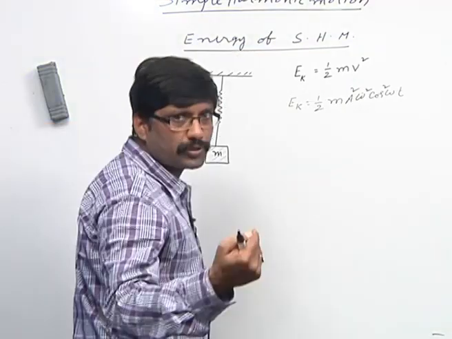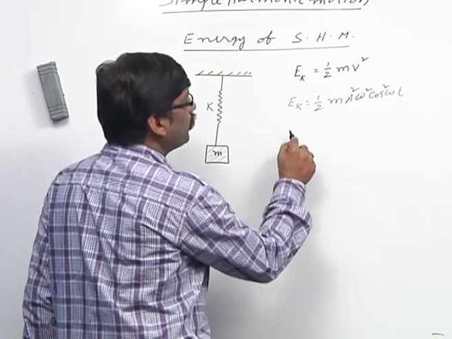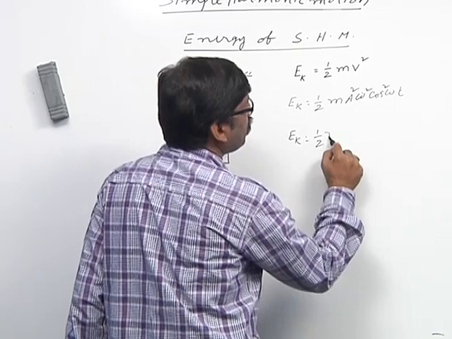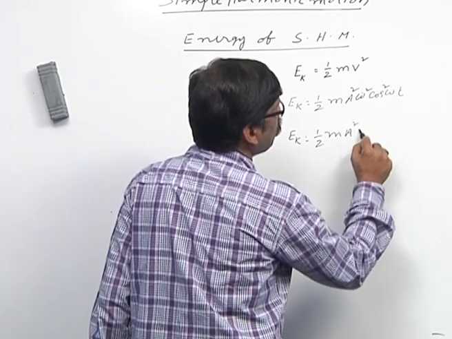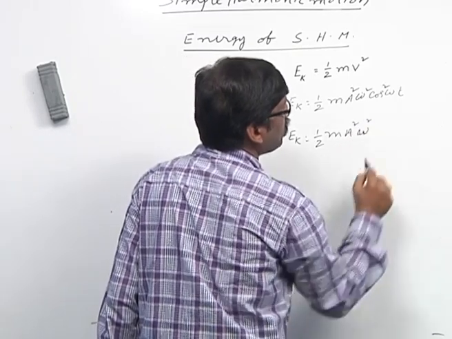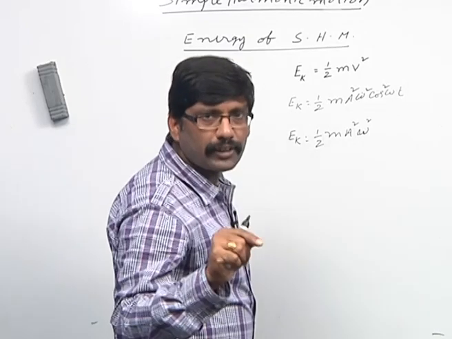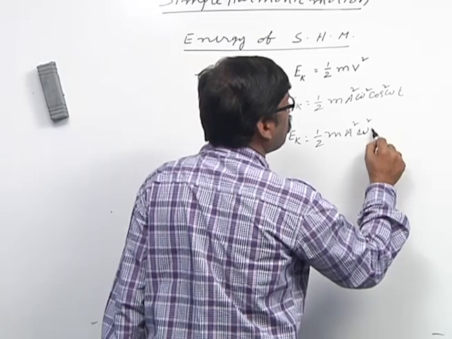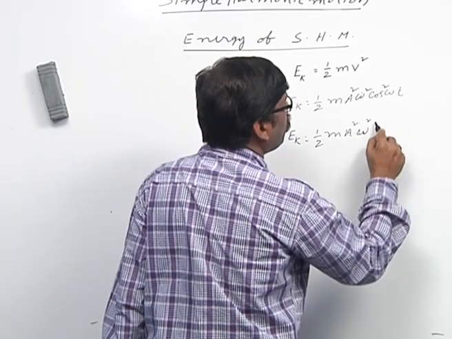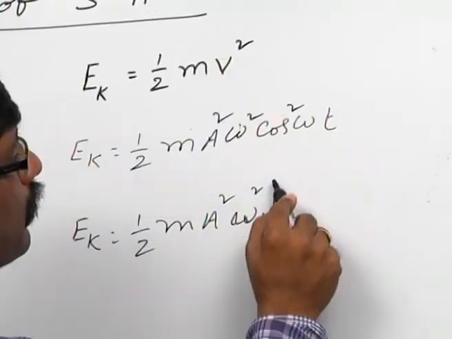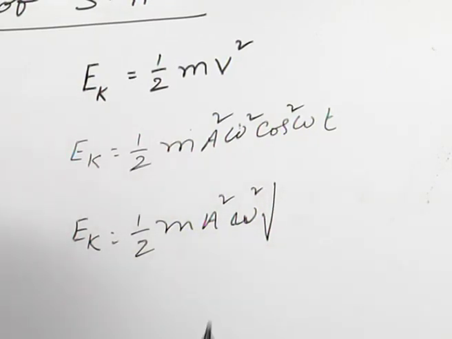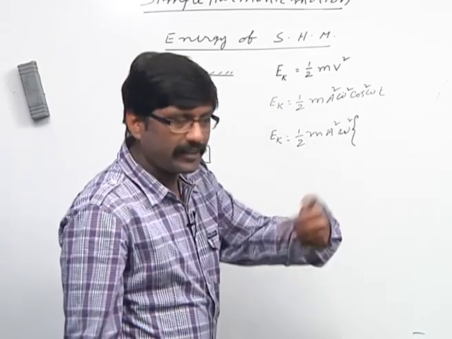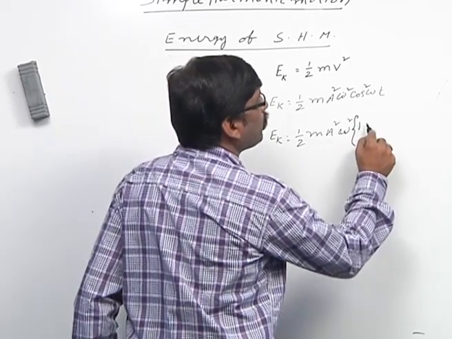You can express it in terms of displacement also. How? Kinetic energy Ek is equal to half m a square omega square cos square omega t. Cos square theta is 1 minus sin square theta.